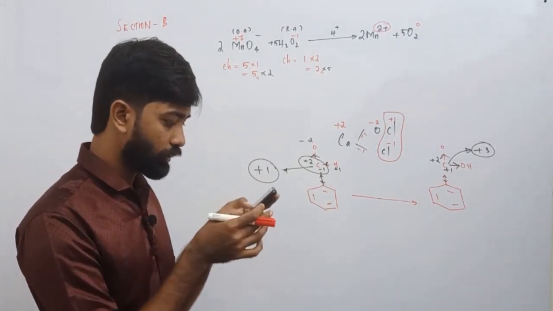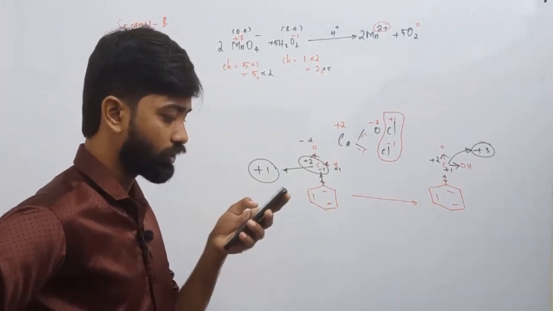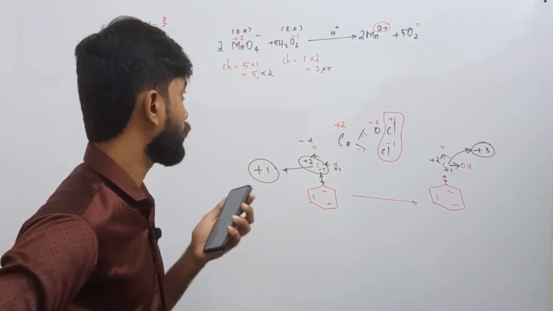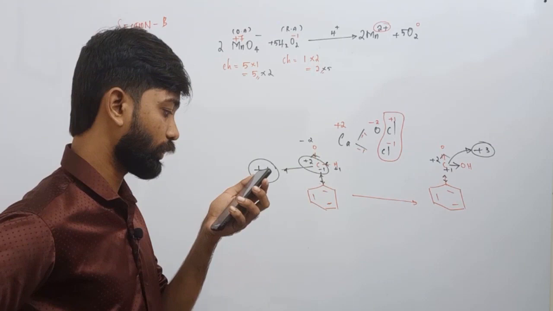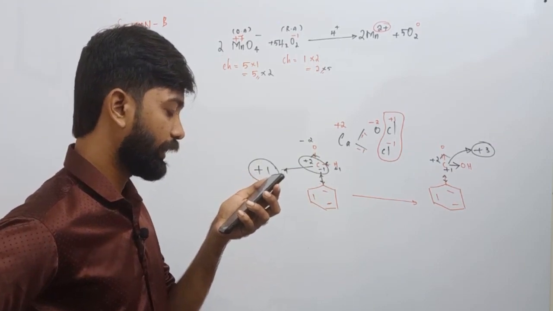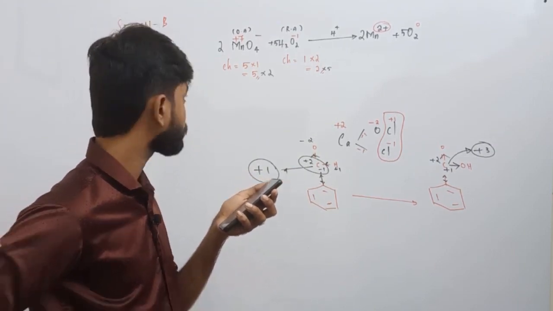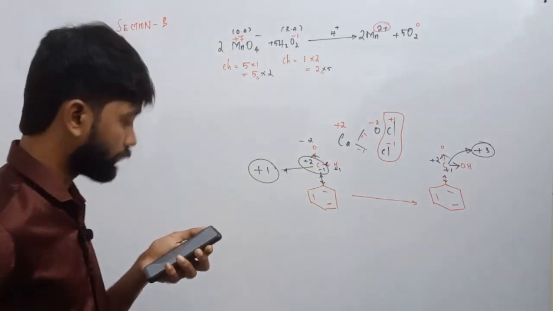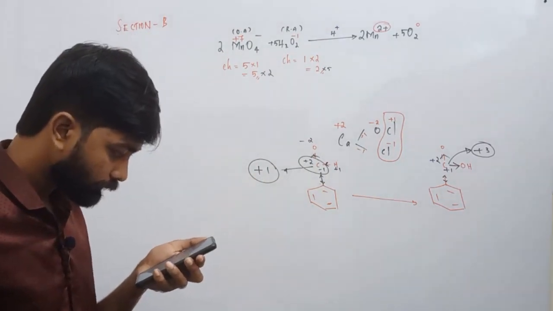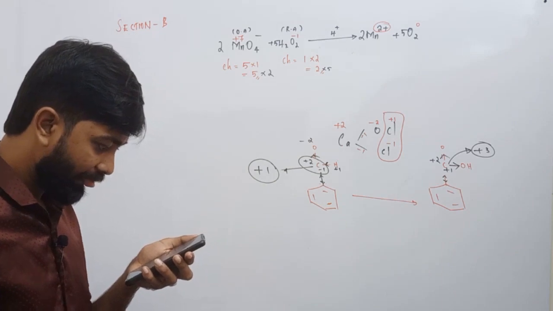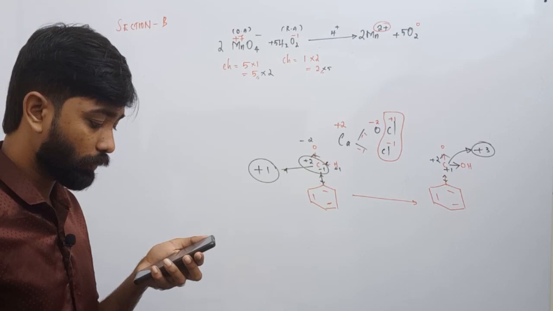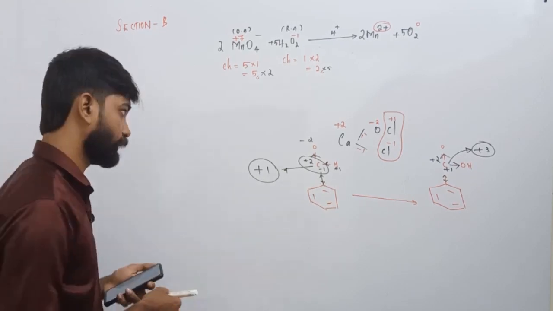What is the data given and what is asked? You are asked to find the number of moles of H2O2 required to completely react with the 400 milliliter of 0.5 normal KMnO4.